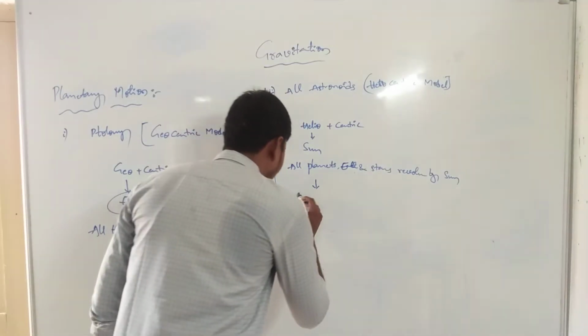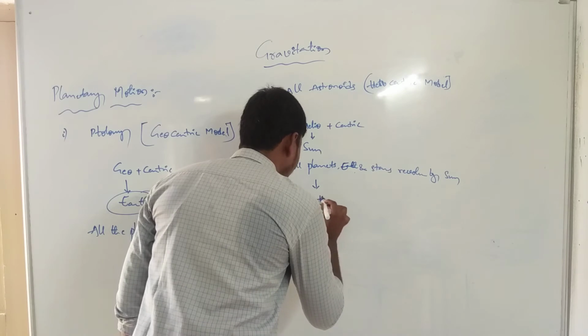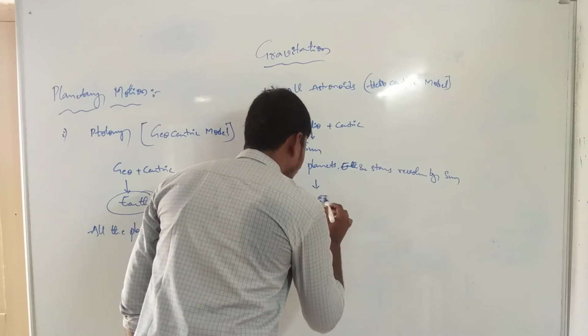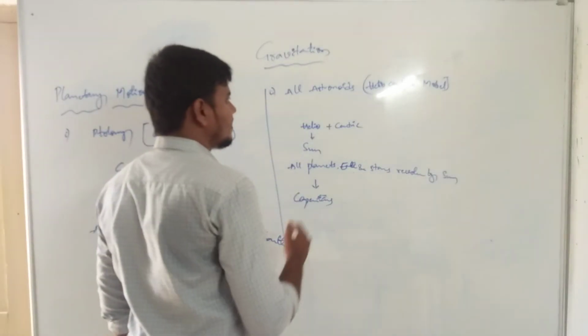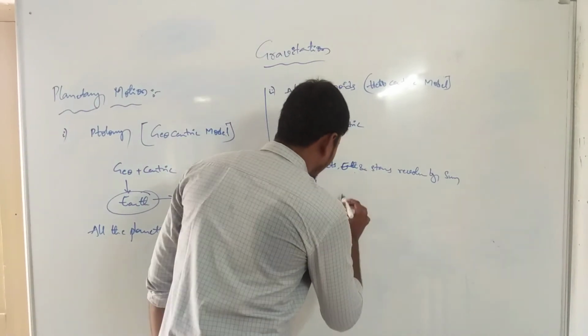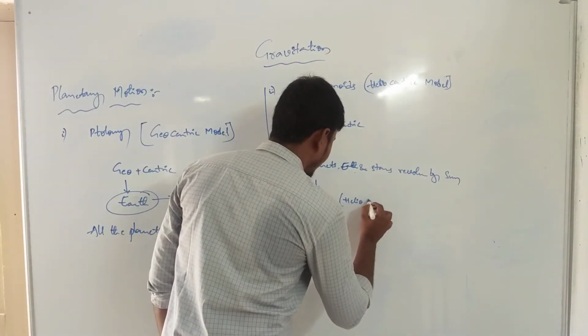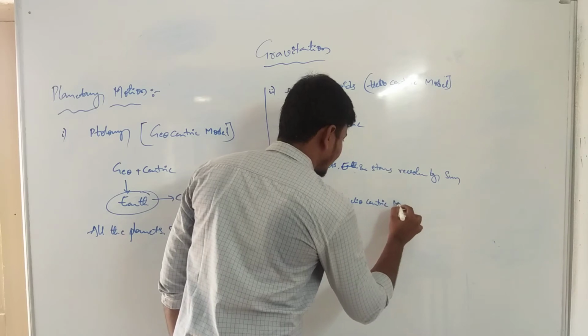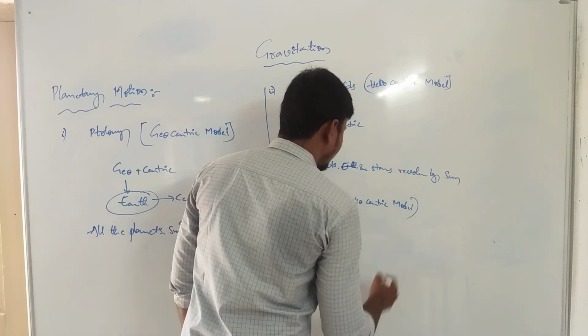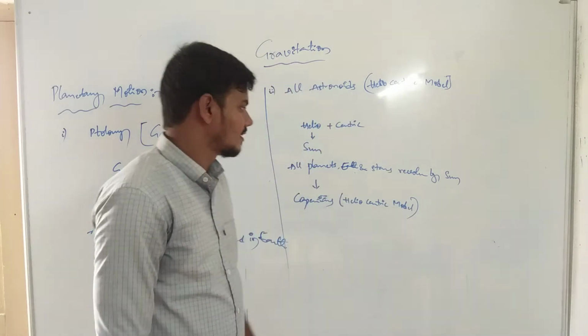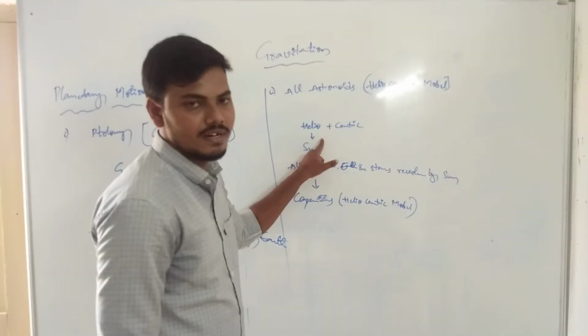Which scientist? Copernicus. He introduced the same heliocentric model. Okay, this scientist introduced the sun as the center part.